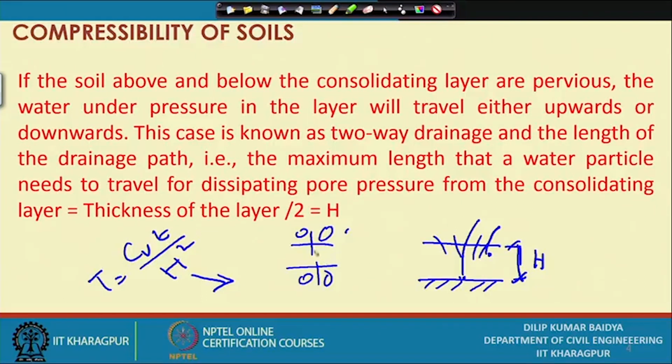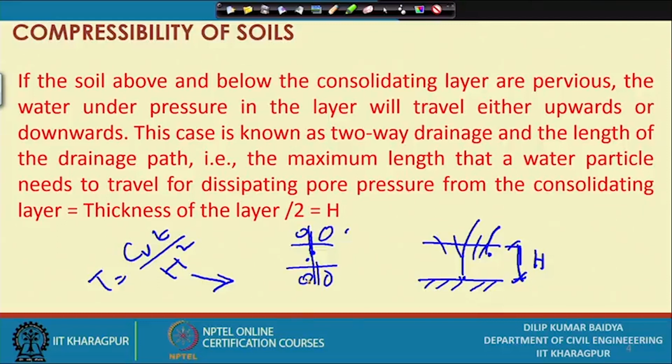Whereas, if you have both side drainage, then the longest path the water particle moves for dissipating the pore pressure will be half, because if a water particle is here, it will go in this direction instead of that direction. So, it will never be more than half. The maximum is at the midpoint, where it can go either this side or that side. Because of that, when drainage is on both sides, the longest distance a water particle travels for dissipating the pore pressure is half the thickness of the layer.